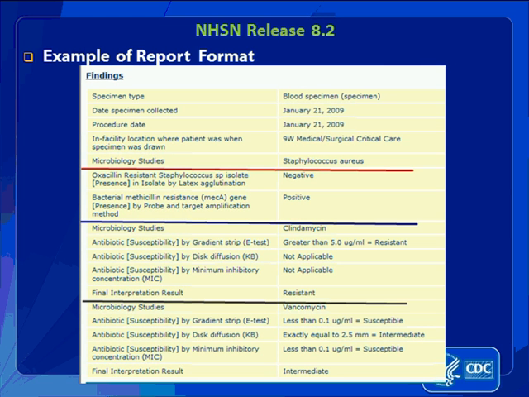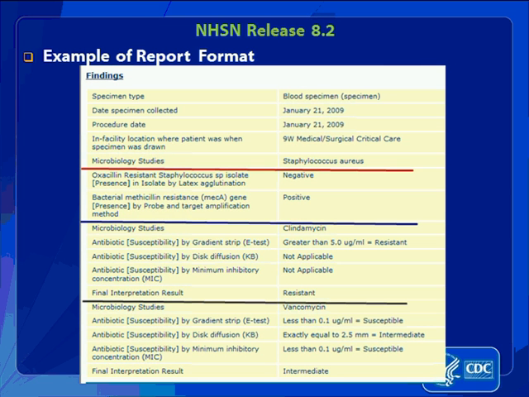With the example you would have clindamycin, and then your result for your E-test, Kirby-Bauer, MIC, and then your final interpretation result. Of course, most labs wouldn't redo every type of method for every drug, so you can report not applicable.